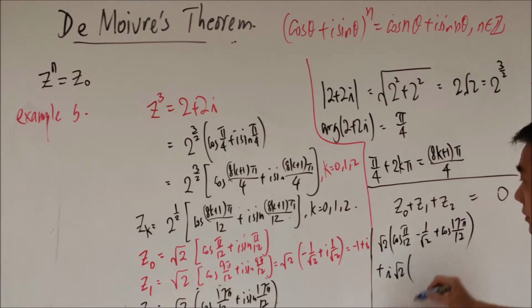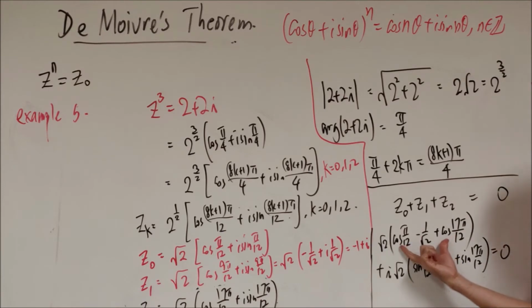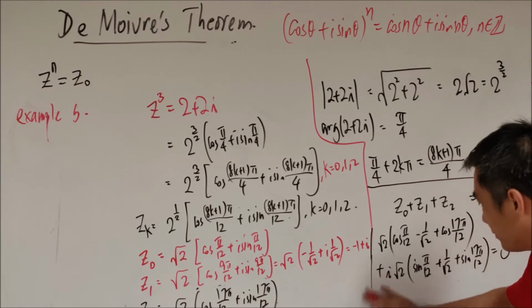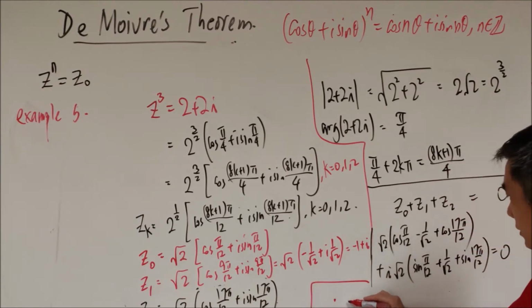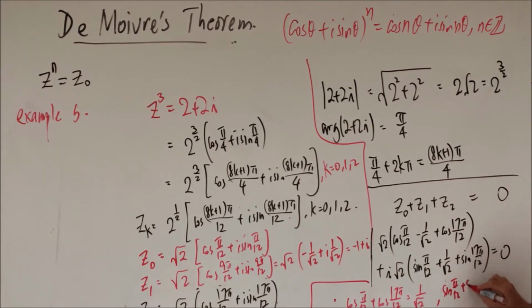For the imaginary part, sine pi over 12 plus 1 over root 2 plus sine 17 pi over 12 equals 0. And this gives me the real part equals 0 and the imaginary part equals 0. And therefore, cosine pi over 12 plus cosine 17 pi over 12 equals 1 over root 2, and sine pi over 12 plus sine 17 pi over 12 equals negative 1 over root 2.